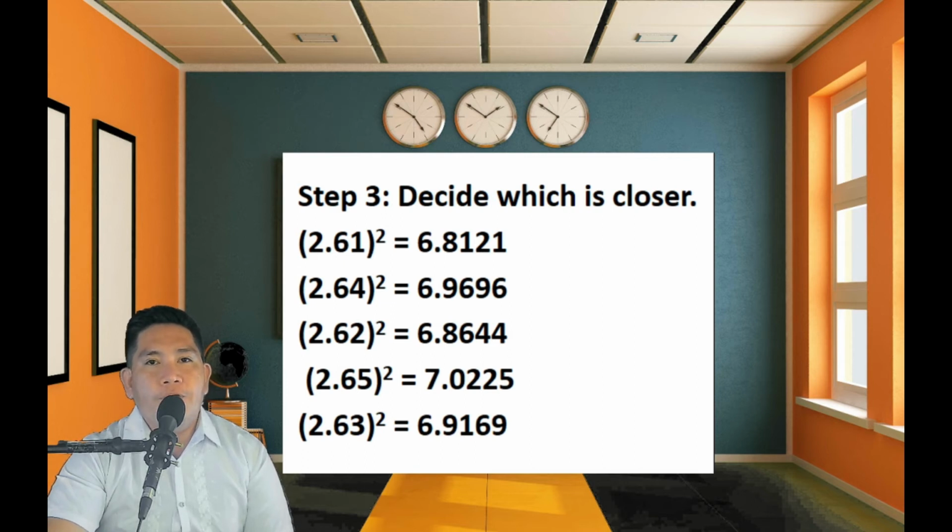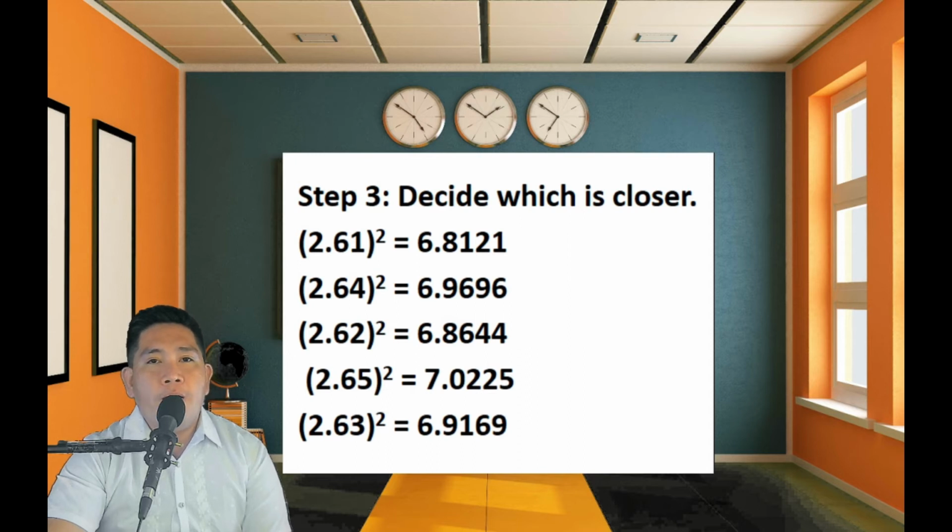The square of 2.61 is equal to 6.8121. The square of 2.62 is equal to 6.8644.